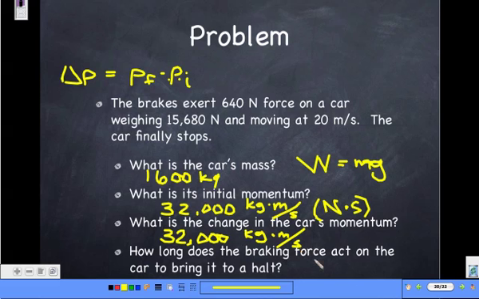So you get what? 50 seconds. 50 seconds is a long time to stop.